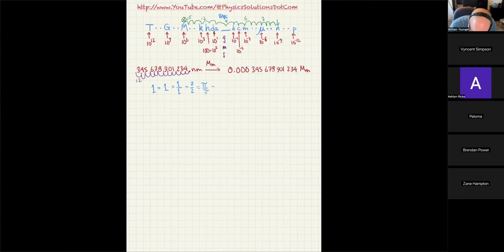We could say, for instance, 1 foot is equal to 12 inches. But by that right, we could also say 12 inches is equal to 1 foot. All of those are values of one. It's just a matter of figuring out which value of one is most helpful.